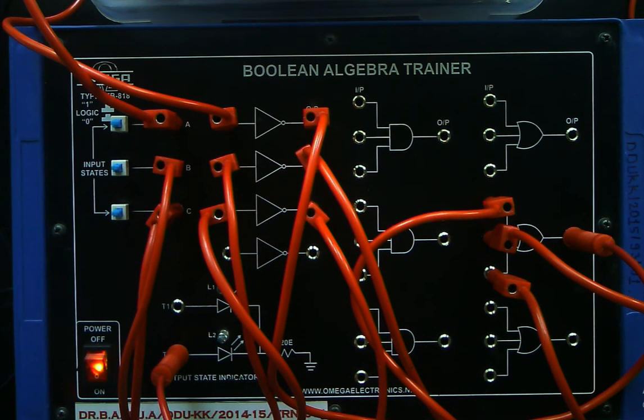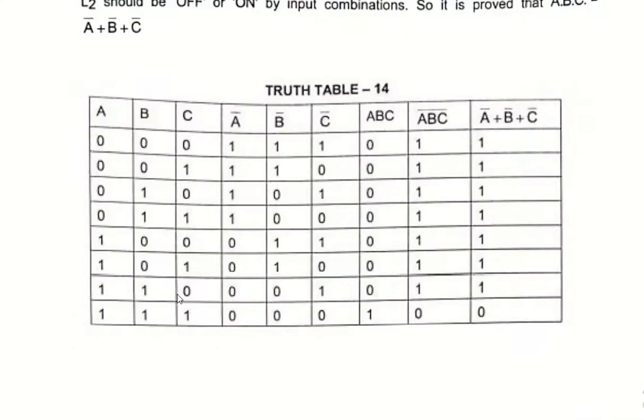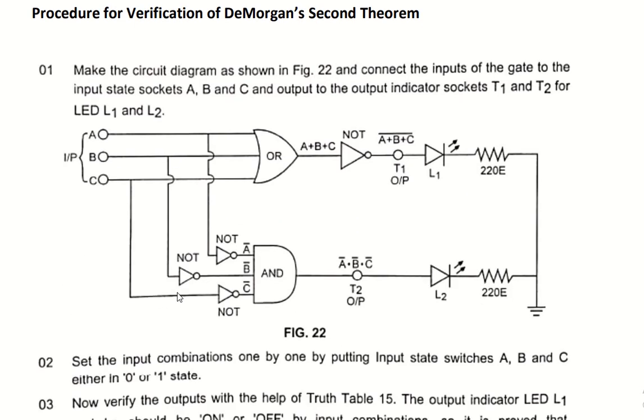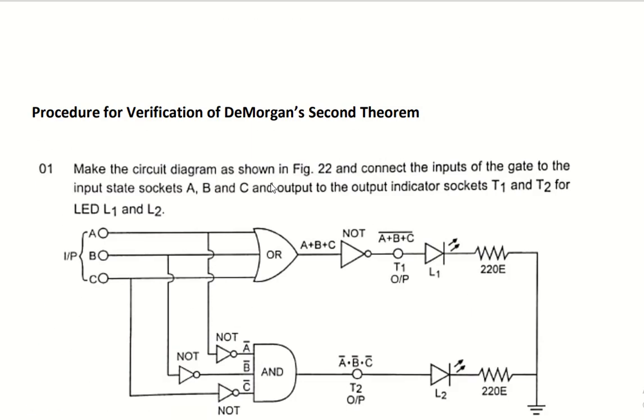Now we will go for DeMorgan's second theorem. Let us go for the circuit first. So you can see here, this is DeMorgan's second theorem. We have to take the OR, because let us go for the statement.